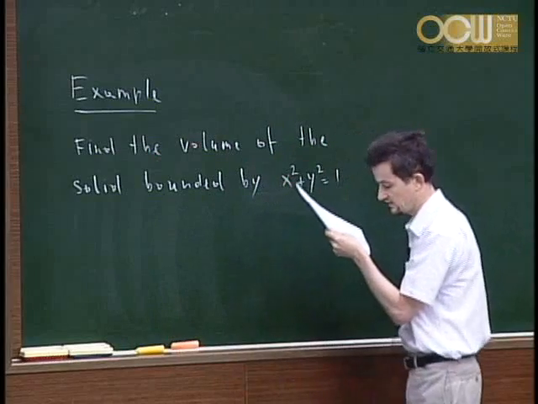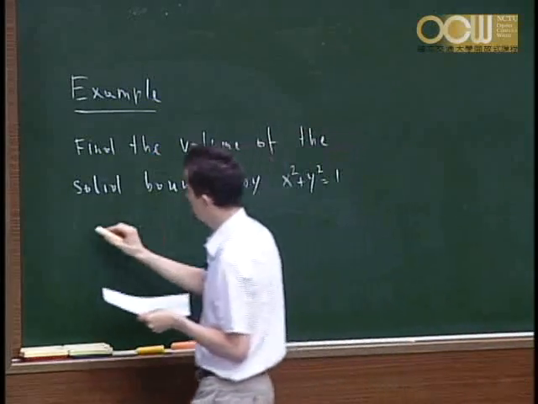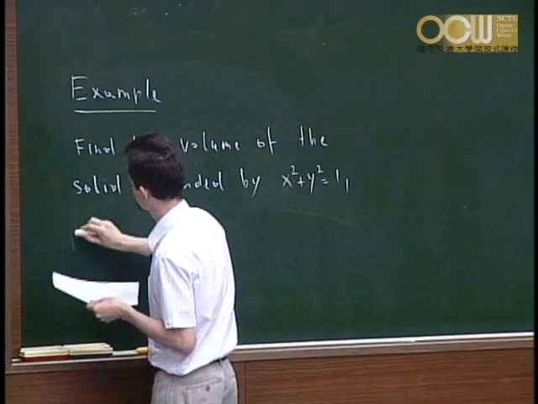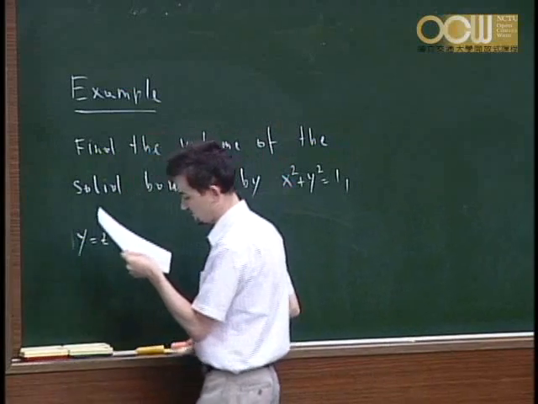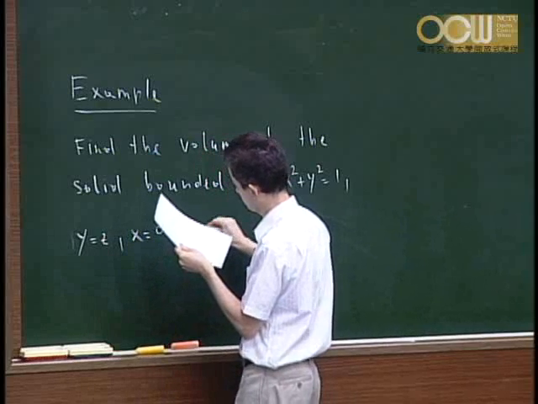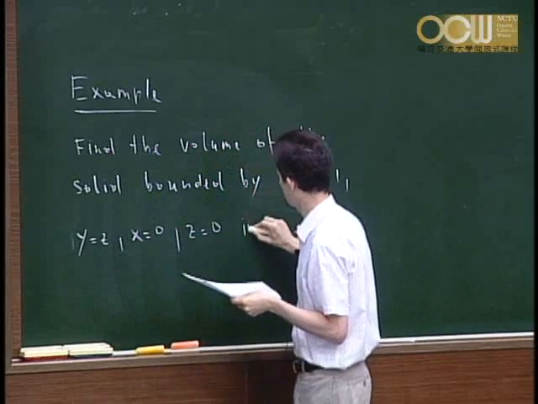So this is a circular cylinder. Then the plane y is equal to z. Then the plane x is equal to 0. The plane z is equal to 0. And in the first octant.